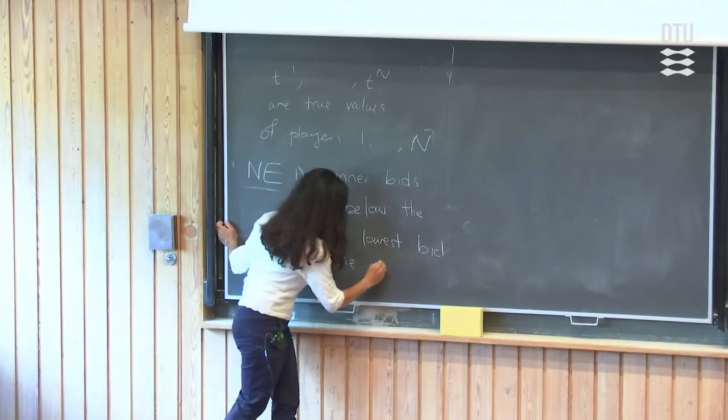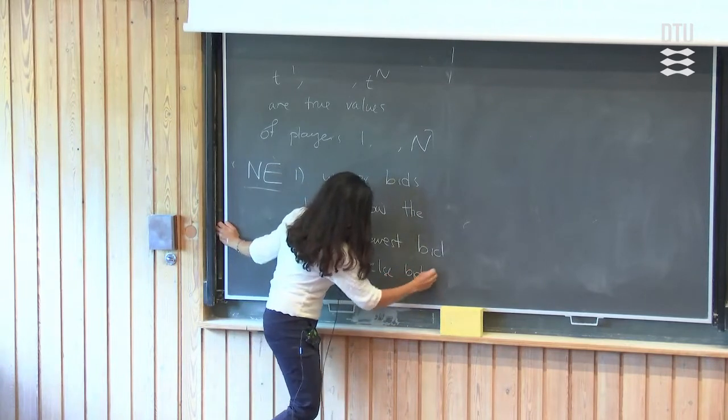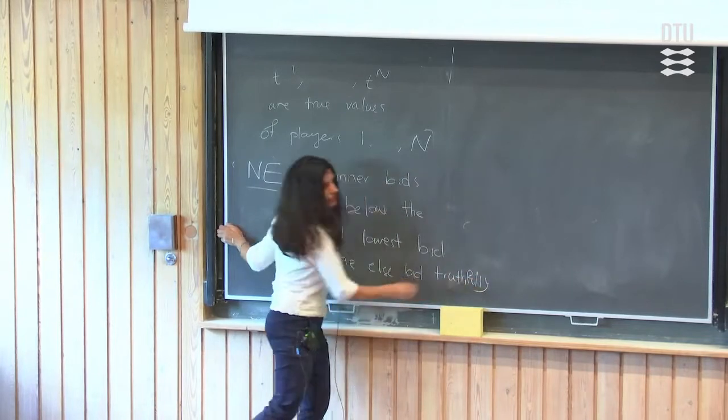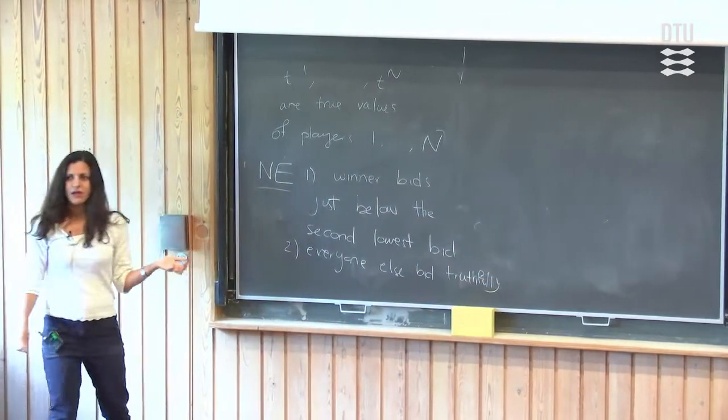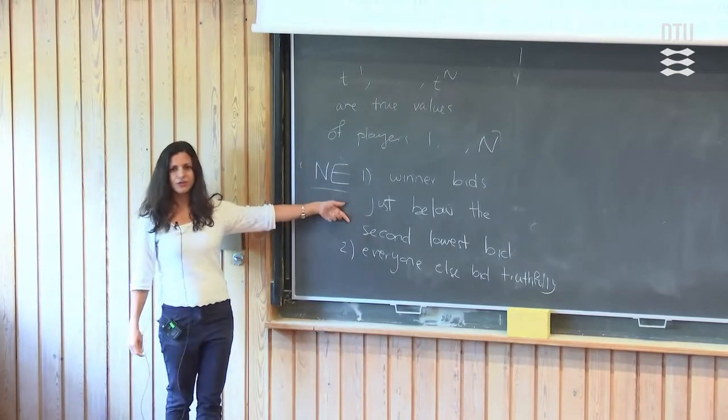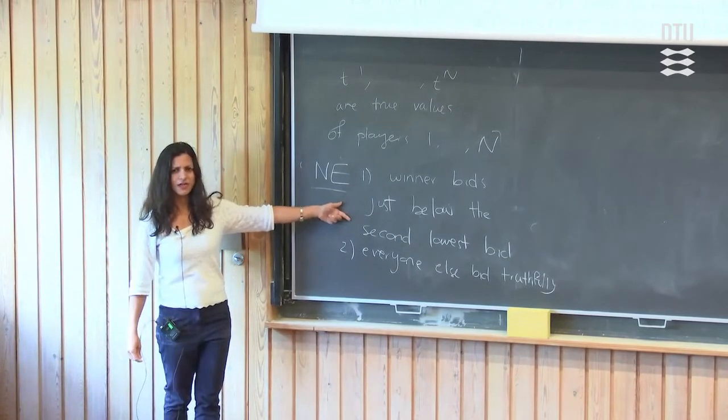This is the Nash equilibrium. You can verify that no one will have an incentive to deviate from this outcome. But it brings the question of how you know what the second lowest bid is, and how you know who the winner is.